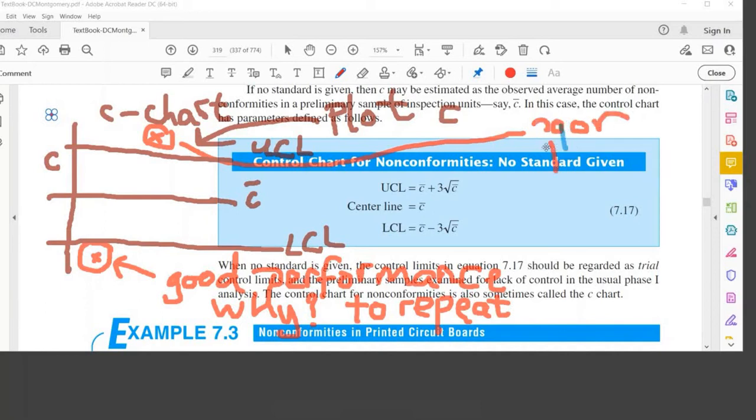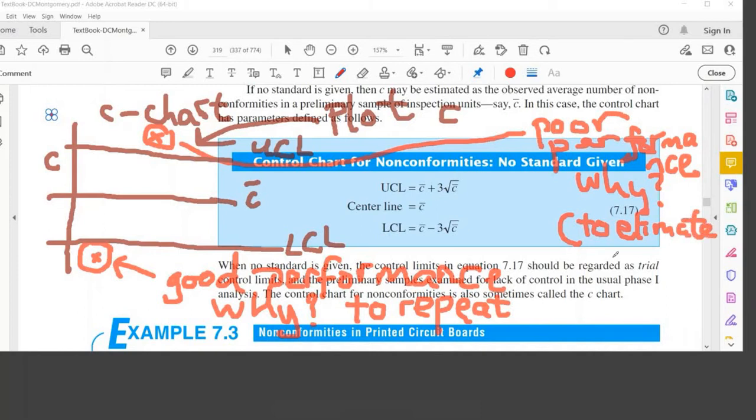The same situation applies for the P chart. So when it is above the control limit, it is poor performance. We want to know why, and we want to eliminate the root cause.